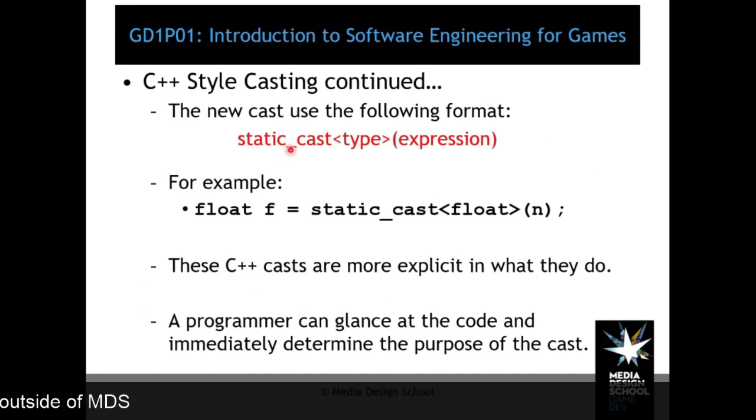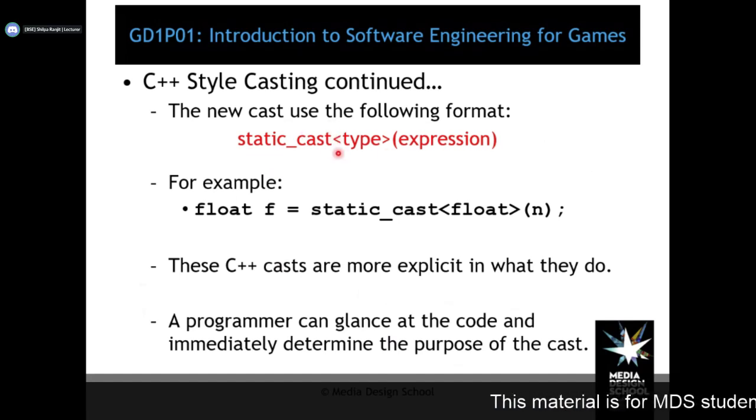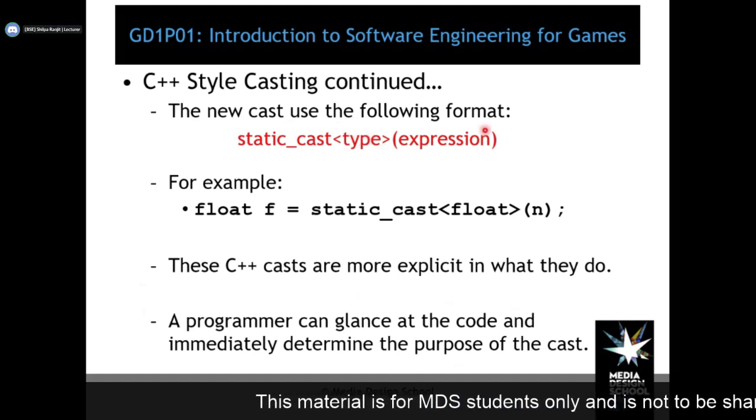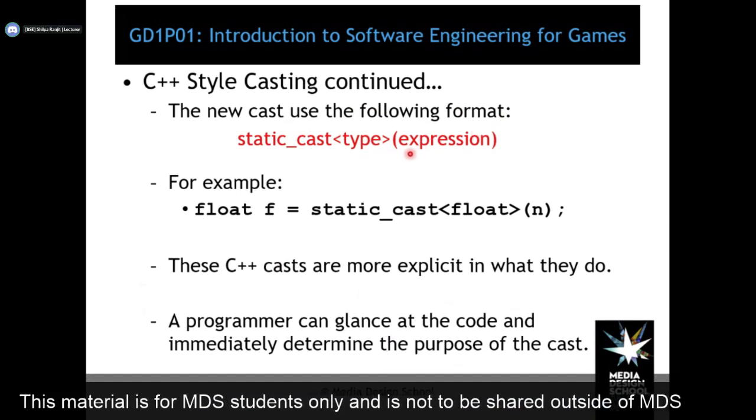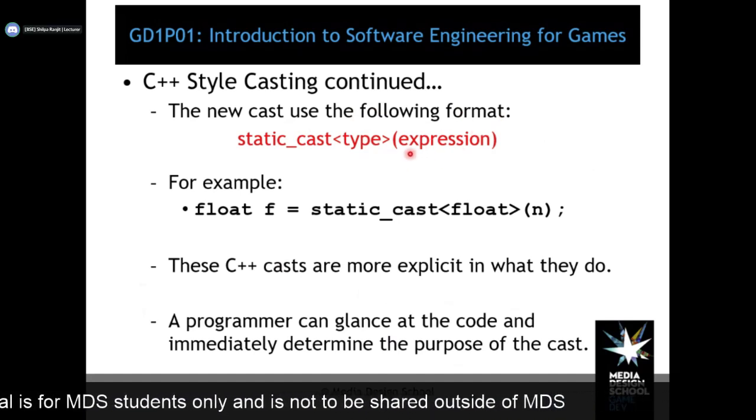The format is you have the keyword static_cast, and in these angular brackets you specify the data type that you want to cast to. The expression in parentheses is the variable that you want to cast.